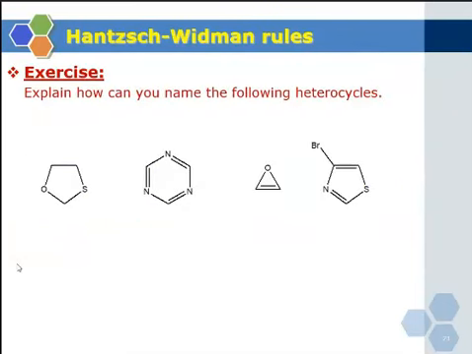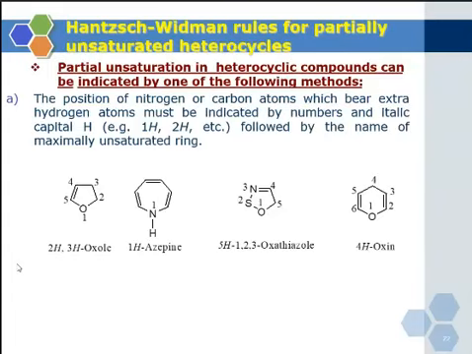Here I have taken some structures and I wish you to do their nomenclature based on the rules that we have followed till now. The partial unsaturation in heterocyclic compounds can be indicated by one of the following methods.